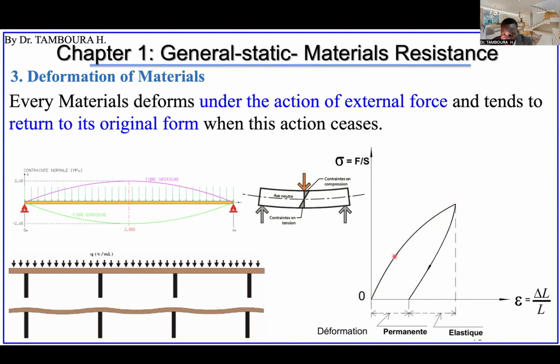If you check the arrows, this arrow means this way, and this arrow is this way down. This means simply that when you increase the force, there is a corresponding displacement. When you reach this point, instead of continuing to apply force, the force decreases, or you stop applying the force.